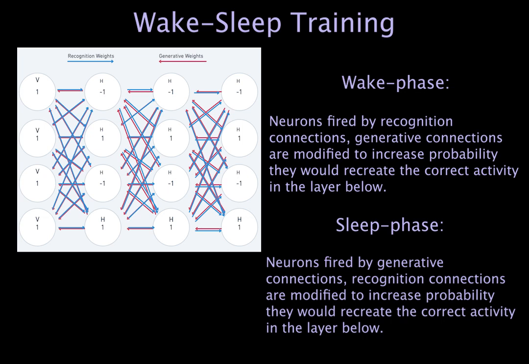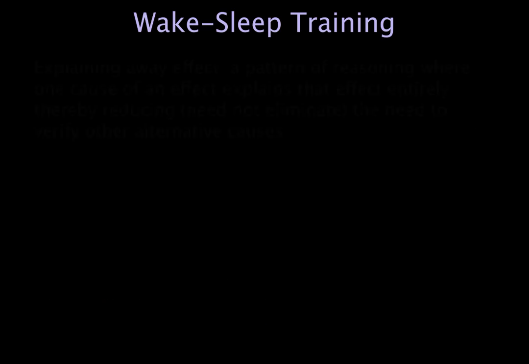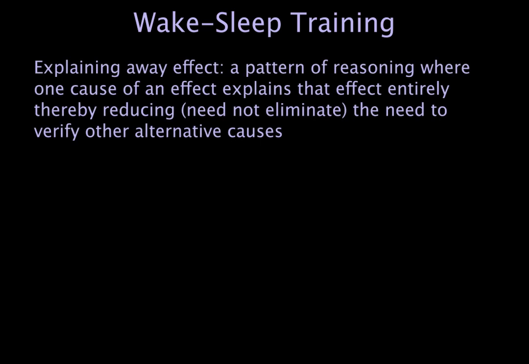But it is this same property that also leads to the wake-sleep algorithm's major weaknesses. The gradient estimate inferred by the algorithm is just that, an estimation. There is no guarantee the algorithm will successfully follow a desirable gradient. One phenomenon which can lead the algorithm astray from the desirable gradient is the explaining away effect.